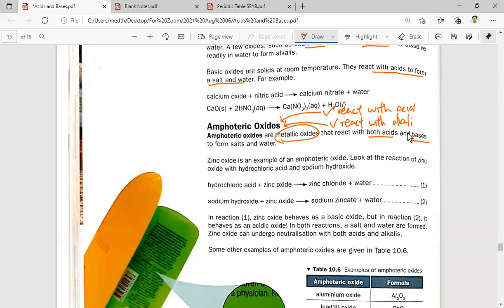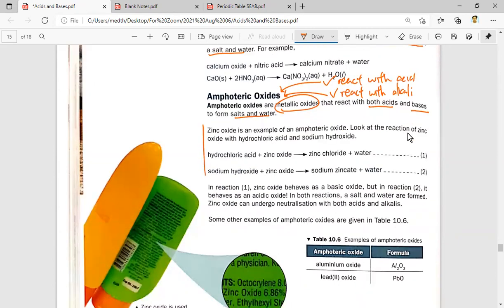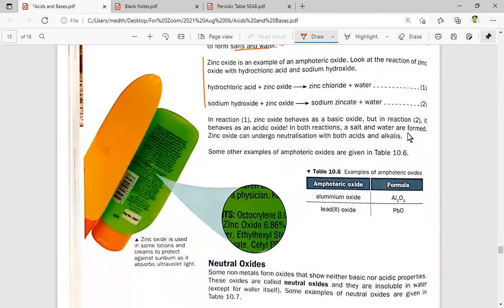So they must be metal oxides that react with both acids and bases to form salt and water. So this reaction here, don't need to remember, but do take note, there are three main amphoteric oxides you must remember. Okay, aluminum oxide, lead oxide, and zinc oxide.